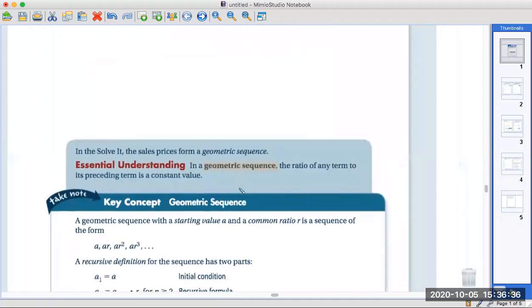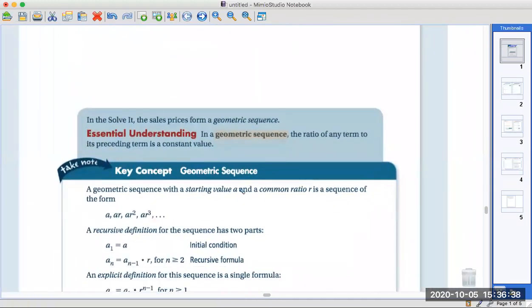And in our essential understanding, in a geometric sequence, the ratio, a fraction, a over b, a ratio is a division problem of any term. By the way, the numbers are called terms, to its preceding term. So it's always the previous one is a constant value. So the common ratio is always the same number. That's what this means, okay?